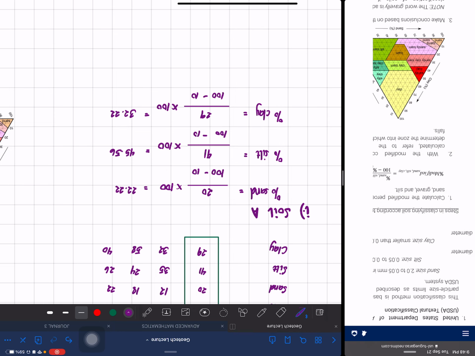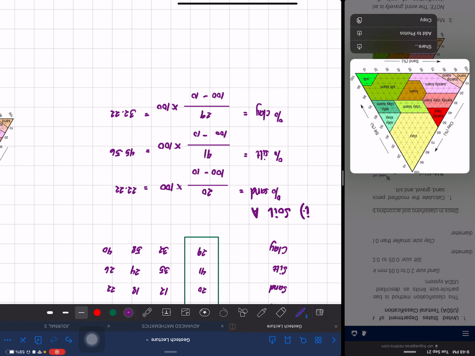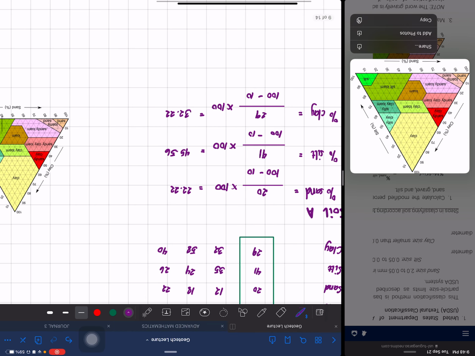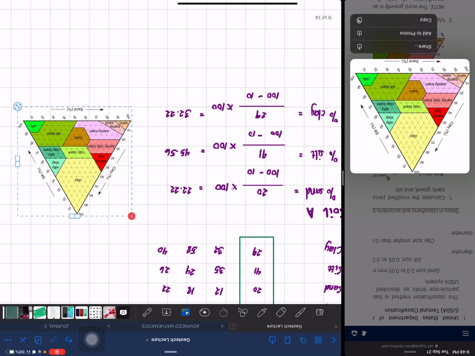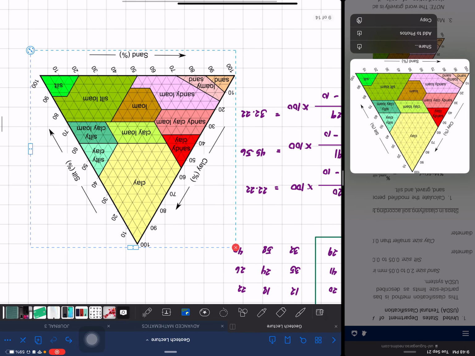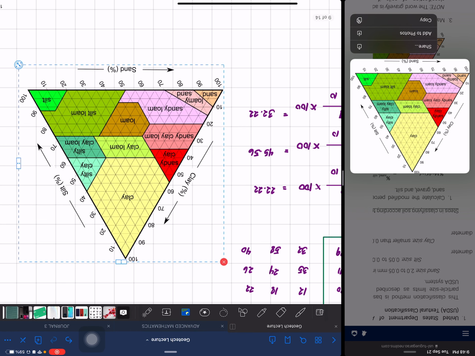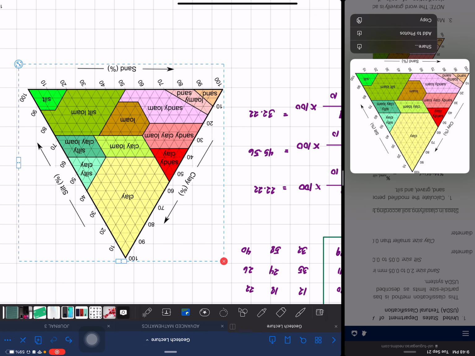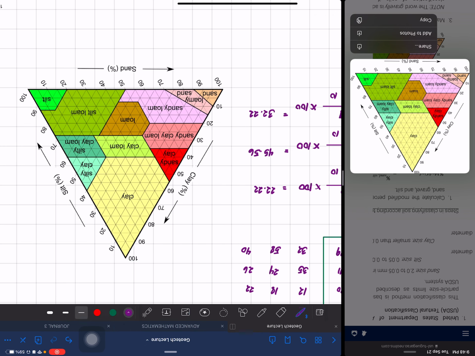Next thing that you're going to do is to plot it in this figure. Nandito na yung figure, lipat ko lang here. Palalakihin ko siya, and then I'm going to plot it in this triangle. First is yung sand, which is 22.22.